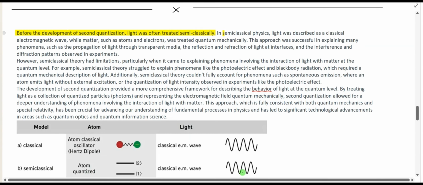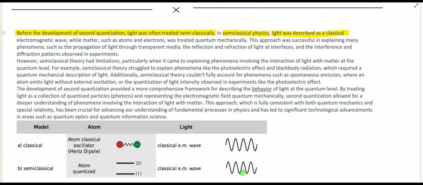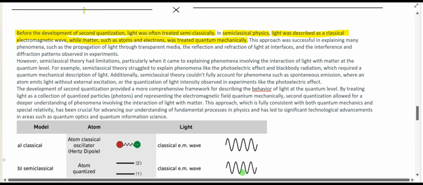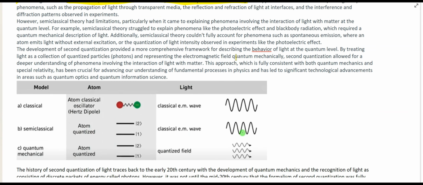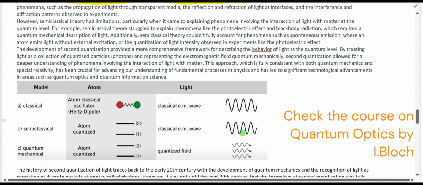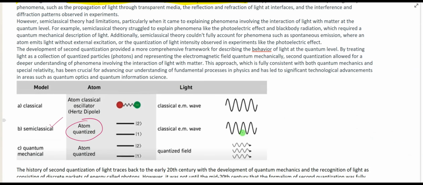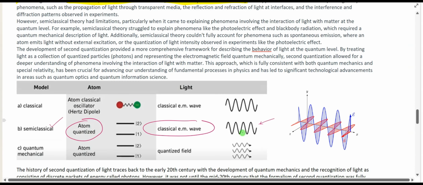In semi-classical physics, light was described as a classical electromagnetic wave, while matter, such as atoms and electrons, was treated quantum mechanically. You can look at this particular table here. In the semi-classical treatment, the atom was quantized, but the light was considered a classical electromagnetic wave.